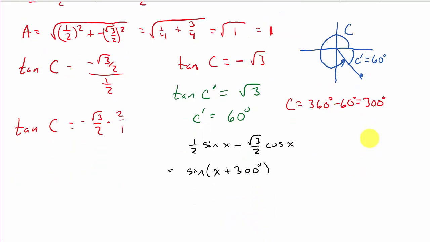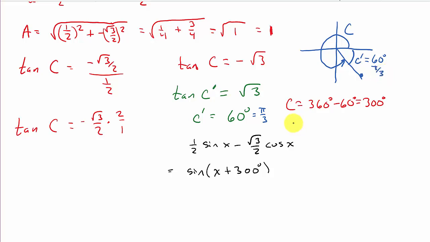Now, you could do this in radians, so let's look at that. If this were in radians, this would be pi over 3, right? So our reference angle would be pi over 3 instead of 60 because we're in radians.